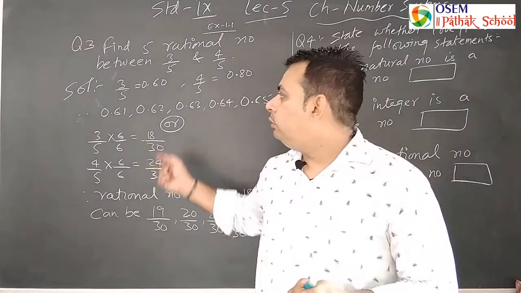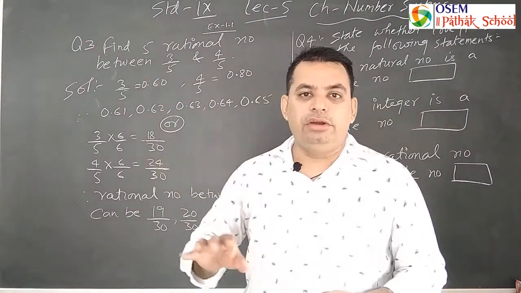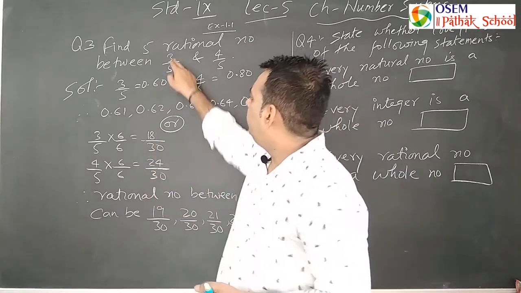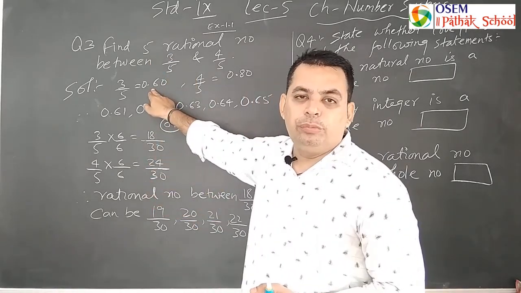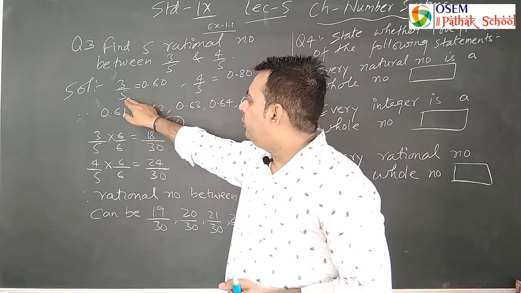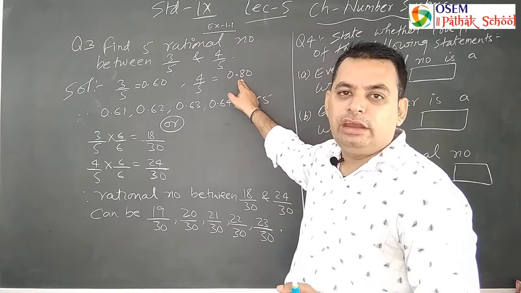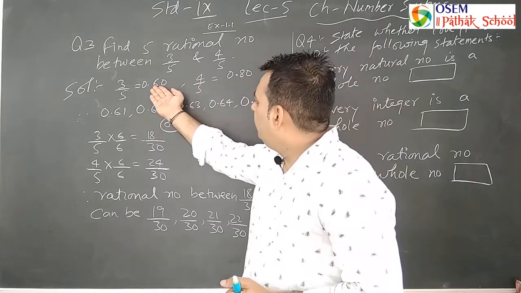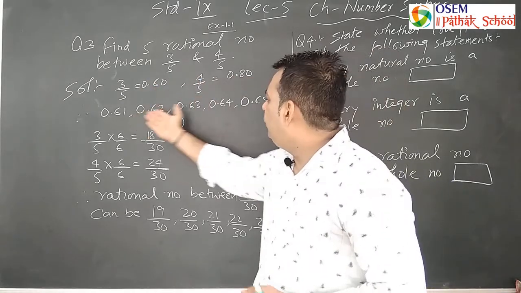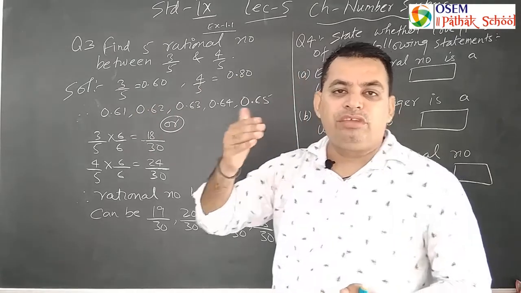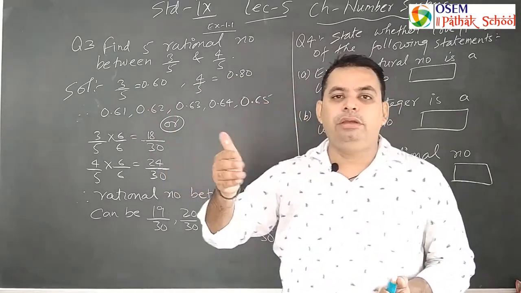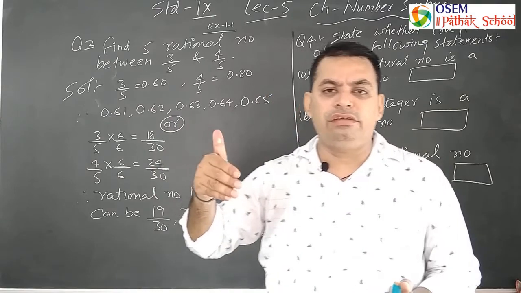Okay. Now this was question number 3. You have understood? We have done 3 by 5 can be written as 0.60, and 4 by 5 can be written as 0.80. Between 60 to 80, it can be any number. You can start from 72, 0.73, 0.74, 0.75, 0.76, 0.77.